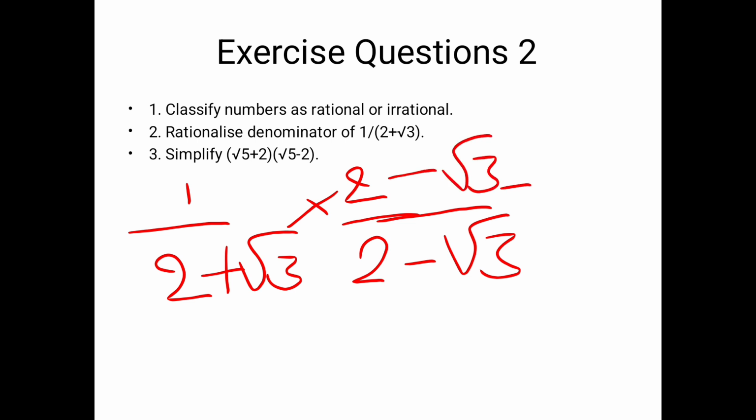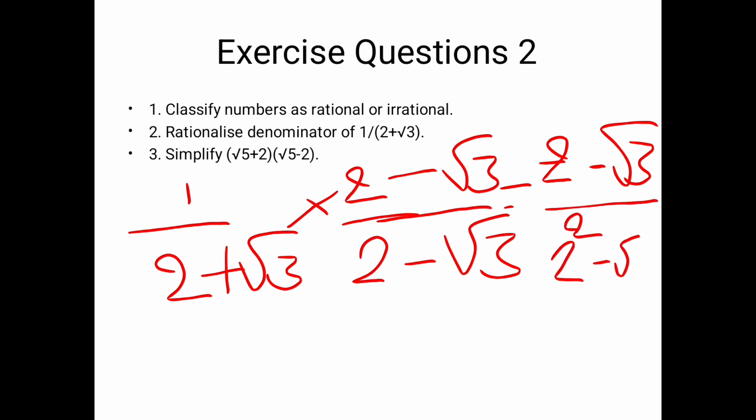What will I get? 2 minus root 3 divided by 2 square minus root 3 whole square. How I wrote this is by the laws of exponents.